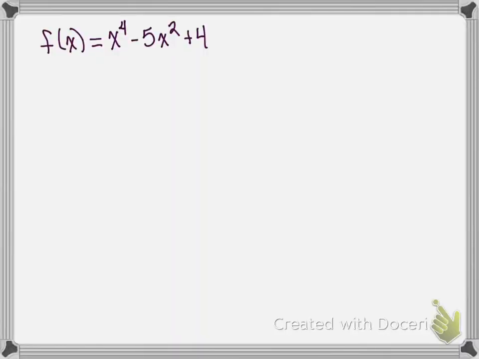F of x equals x to the fourth minus 5x squared plus 4. So I want to know end behavior and direction. Because of my exponent, are they going opposite directions or same directions? Same.